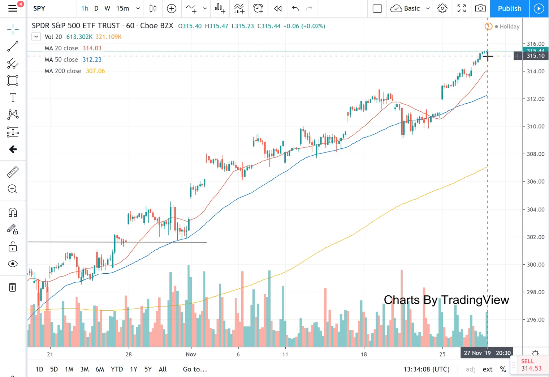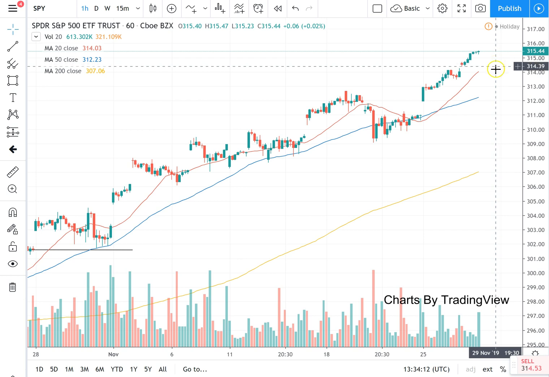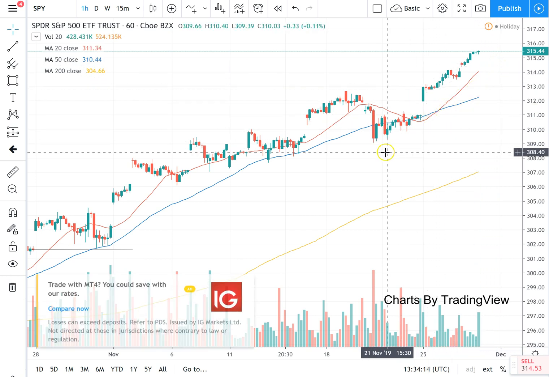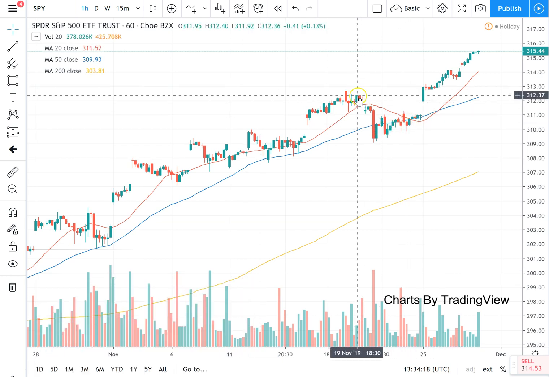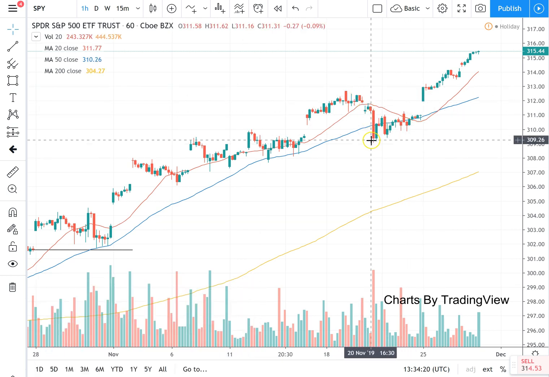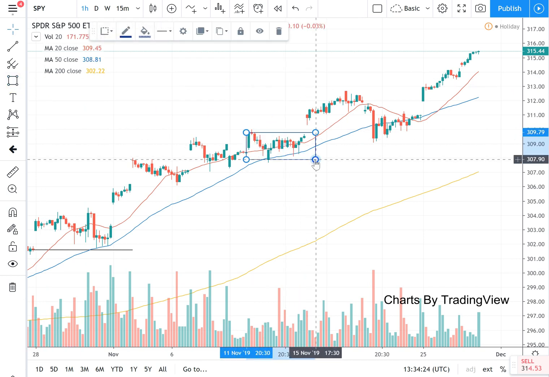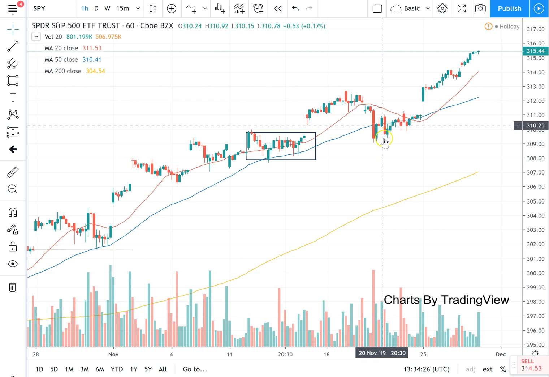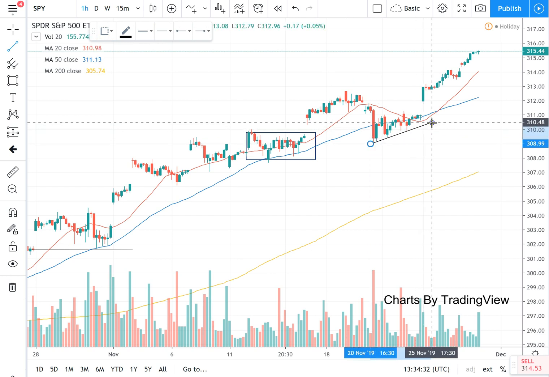Now, at this moment, what is happening here is last week the SPY dropped to an area of support. This is an area of support, this congestion area. It dropped to an area of support, and then it formed a kind of ascending triangle.